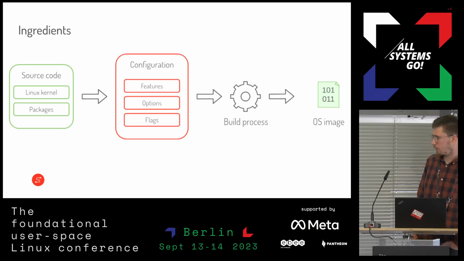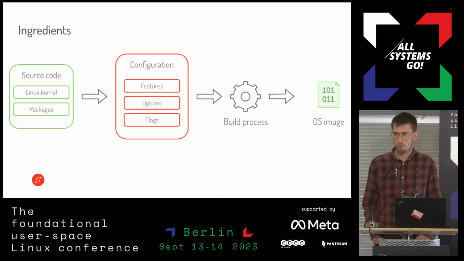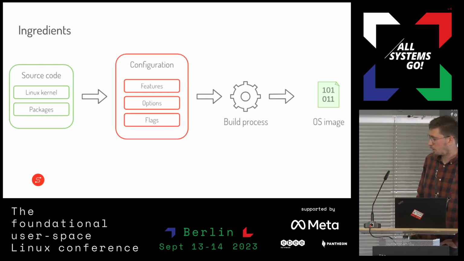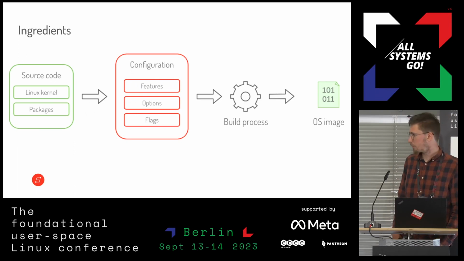And obviously, we have a lot of build dependencies. These kinds of things can get quite complex. And after this build process is complete, we have a file or several files, but we consider this to be an OS image. For embedded devices, you would call this firmware, right? And flash it onto the device.